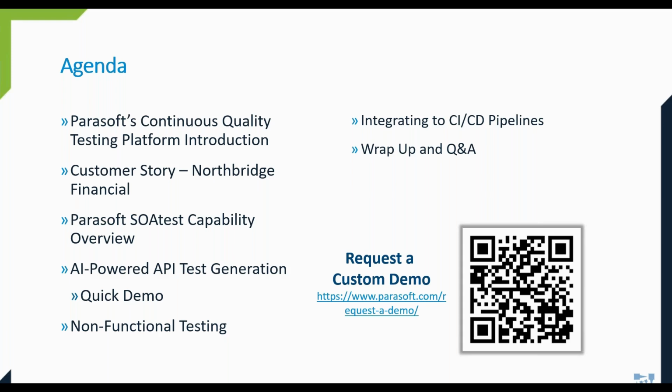From there, we'll introduce Parasoft SOAtest, just do a quick high-level overview of its capabilities, all designed to help you to streamline and optimize functional testing. We'll then get a bit more granular, and I'll turn it on over to Ramiro. He's going to dive into that demonstration of our AI-enhanced API test generation capabilities using SOAtest Smart API Test Generator.